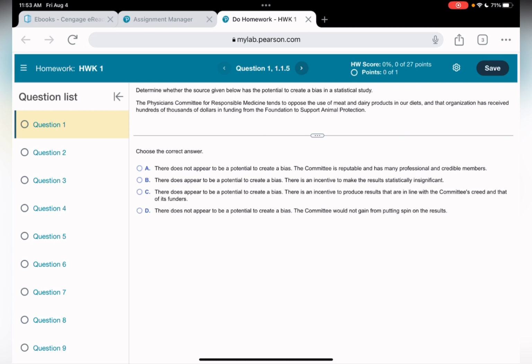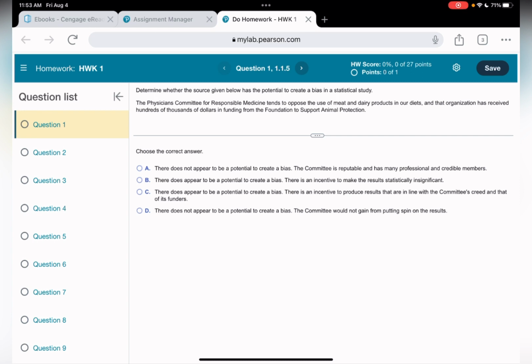Bias also can occur when there is a tendency for the data to consistently overestimate or underestimate the true value that is being measured. Bias can arise from all kinds of sources.